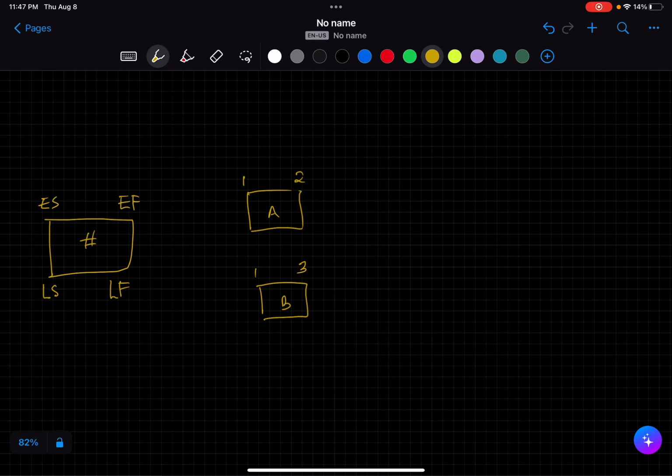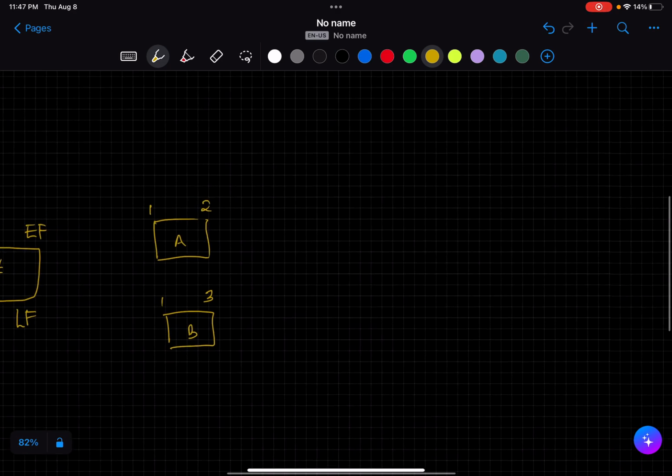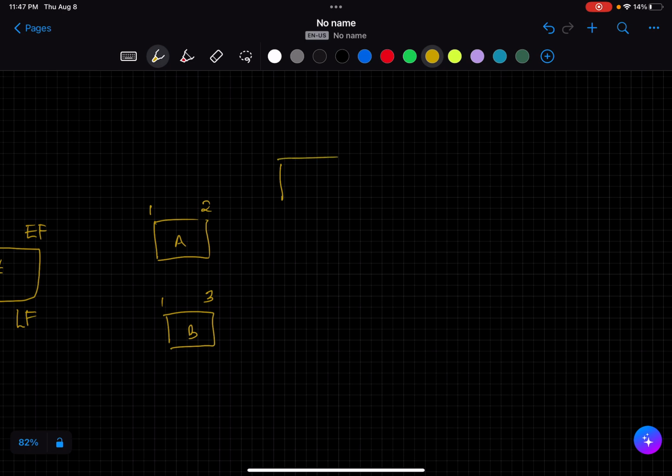So we have A and B. Now, activity C starts when A finishes. So we can put a C here, and it's a straight finish to start relationship. So if A finishes on week 2, C starts week 3, its duration is 2 weeks. So we have 3 onto 4.